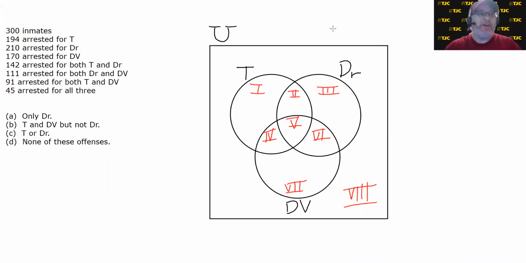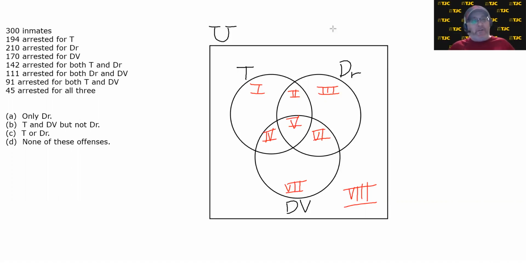So 300 inmates, 194 arrested for T, 210 arrested for drugs, 170 arrested for DV, 142 arrested for both theft and drug offenses, 111 arrested for both drug offenses and domestic violence, 91 arrested for both theft and domestic violence, and 45 arrested for all three, as well as the questions being asked.